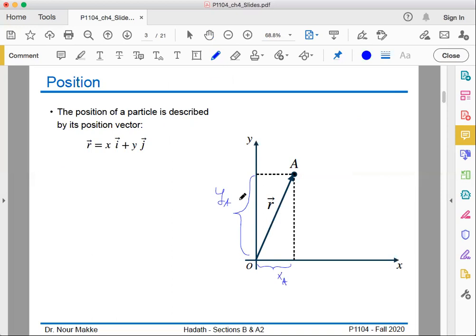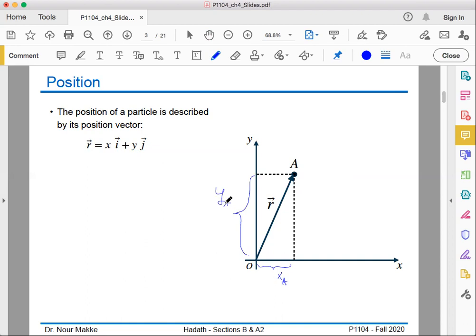Therefore, you have 2 components that define the position of the particle at the point A.